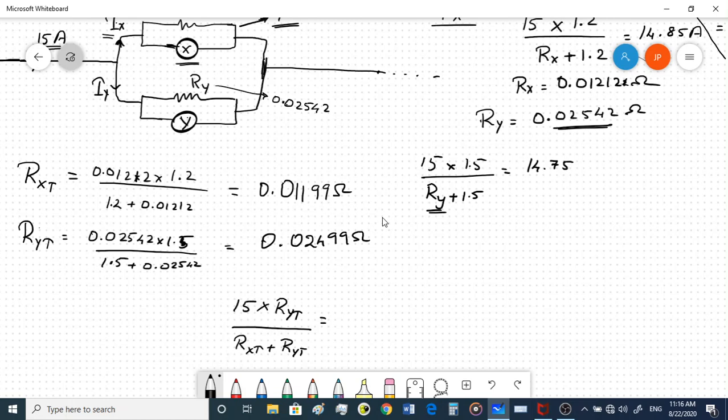So when you do this, you will get 0.02499 into 15 divided by 0.02499 plus 0.01199.